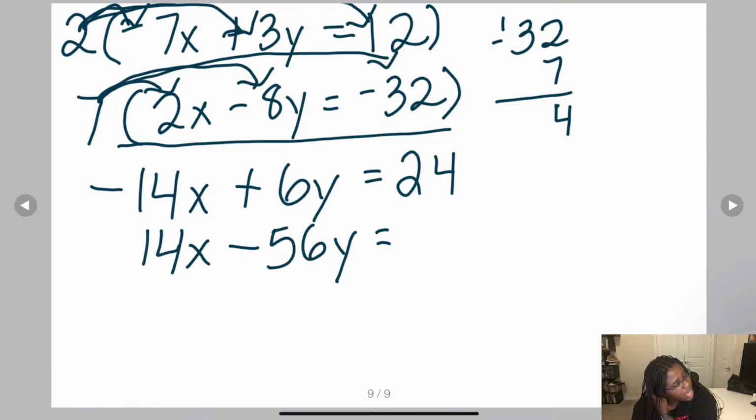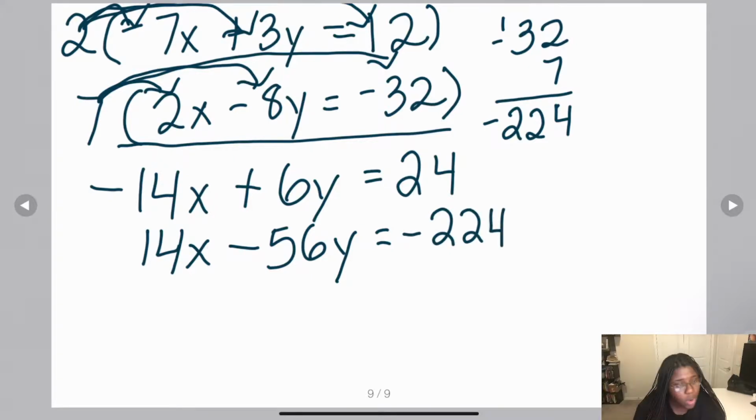Then 21 plus 1 is 22. But since you had a negative there, it has to be a negative 224. So this is my new equation.